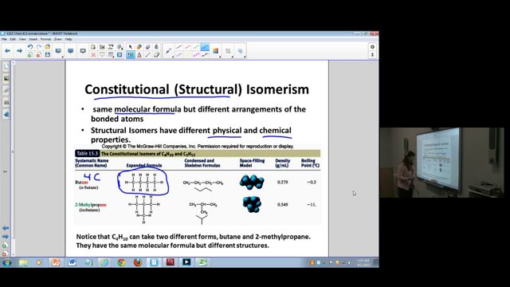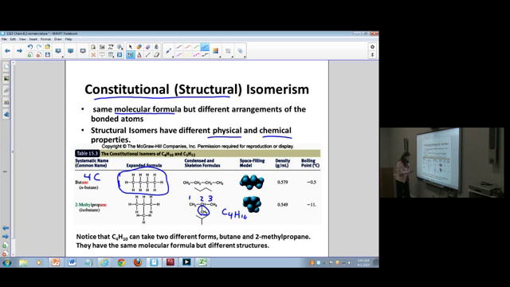But we also saw that we could have something called 2-methylpropane. So we have a 3-carbon chain, 1, 2, 3. This is still C4H10, just like the one above it, only it's not the same. Now instead of having 4 in the longest continuous chain, we have 3 and a substituent.